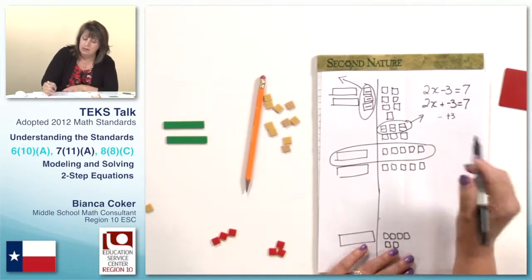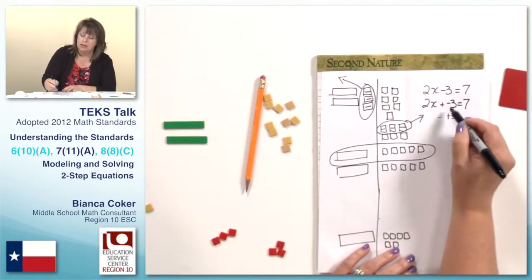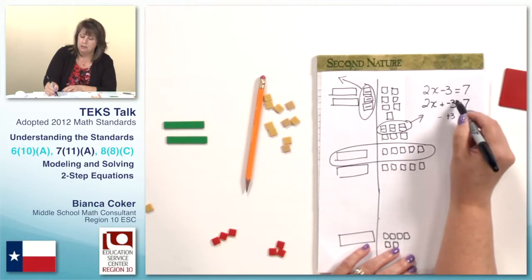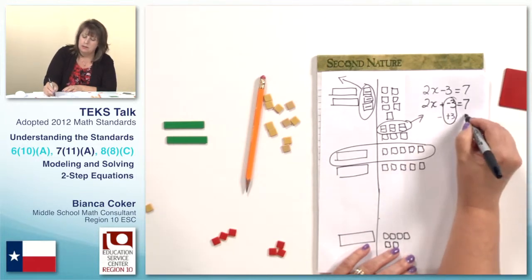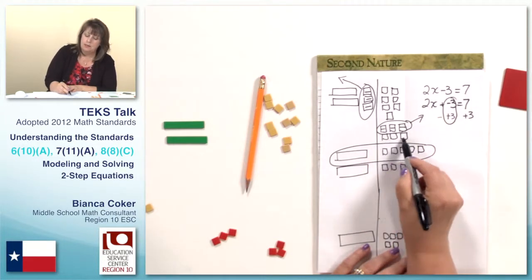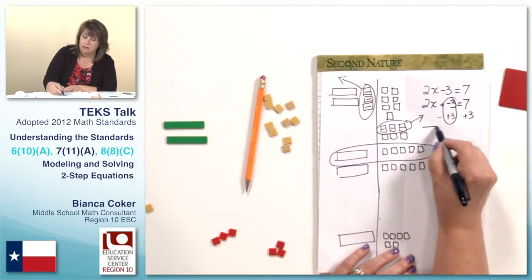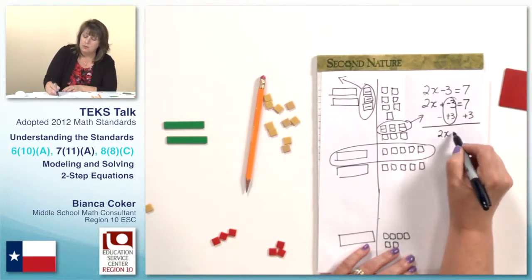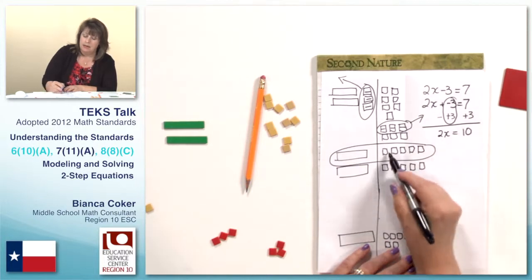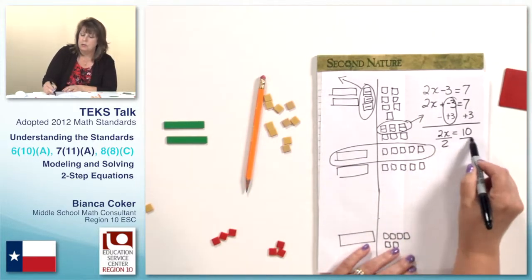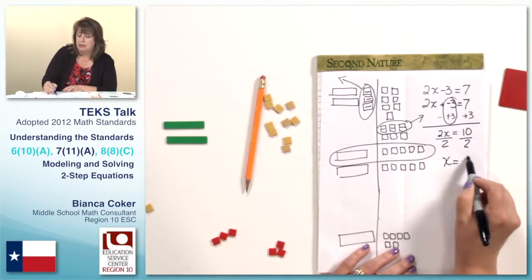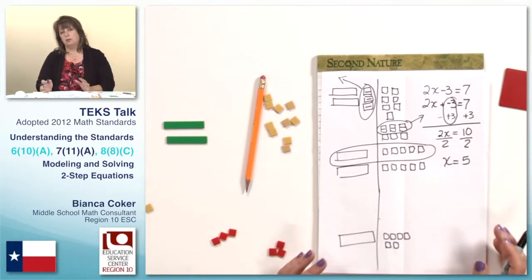I added 3, didn't I? Remember, if we take away 3 negatives, it's the same thing as adding 3, which gives me my 0. So I really ended up just adding 3 to this side as well. So I have 2x equals 10. I divided both sides into 2 separate groups, x equals 5, and I have my answer.